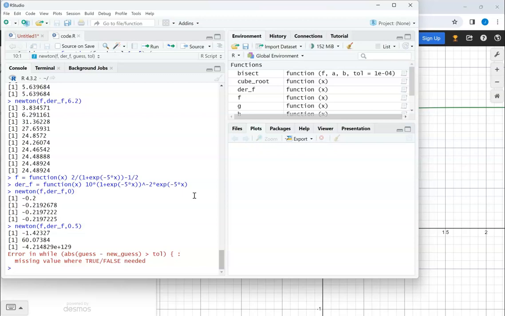Exactly what I told you was going to happen, right? Notice that we started with a guess of 0.5, the next guess went farther away, and now we've landed in the land of close to horizontal asymptote. Then it shot over to 60, then it shot over to somewhere around negative 4 times 10 to the 129th, and then it's just like, I can't do it anymore, it's too big.